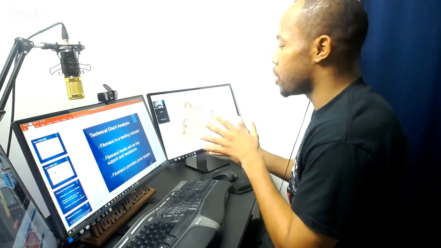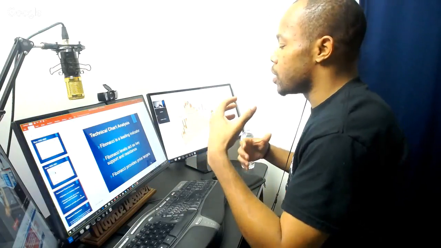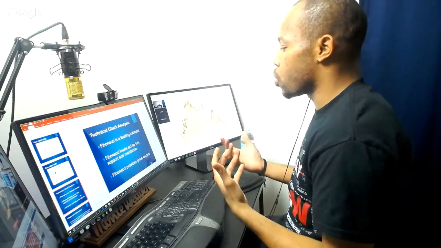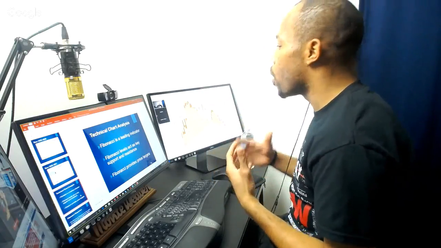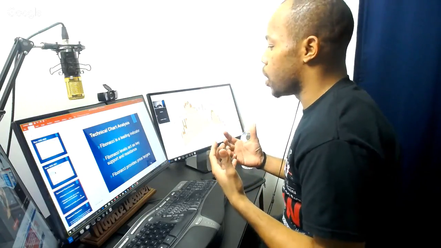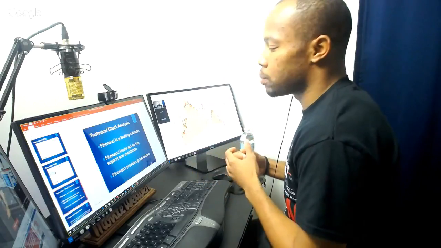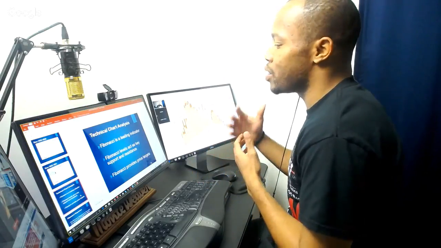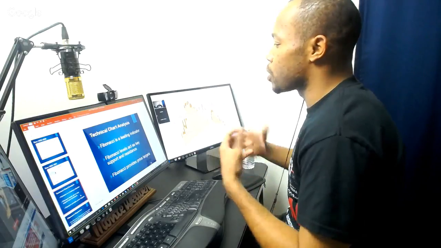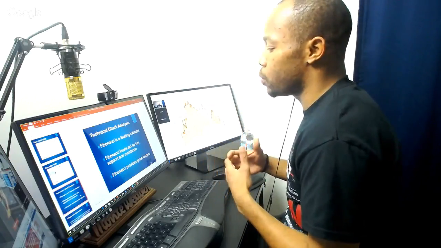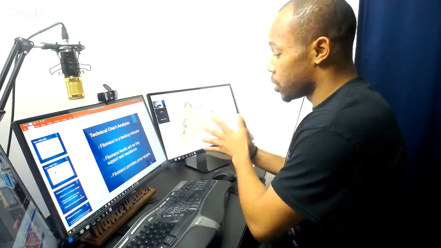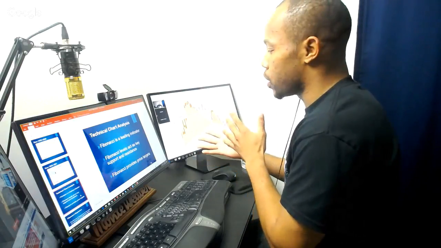Using Fibonacci, we see that if we had had that on our chart, we would have known where the market was going to stop using technical analysis. Back then, they didn't have technical analysis. They didn't know when the market was going to stop, but for some reason it stopped right at that level. And that level is a really, really key level, and we're going to get into that.